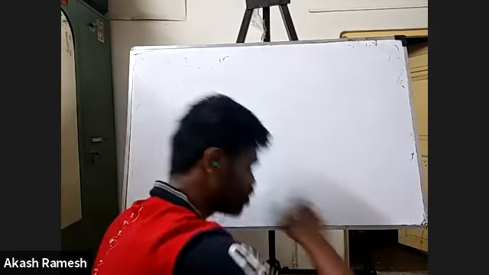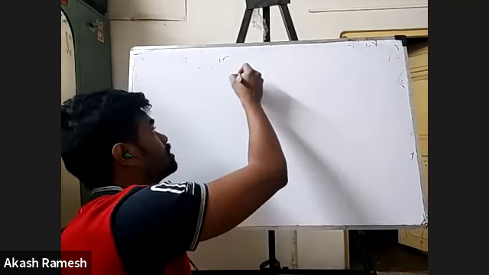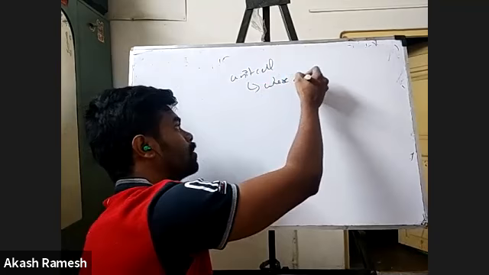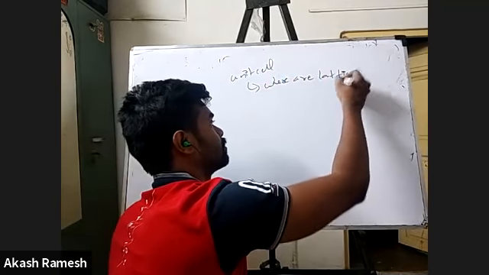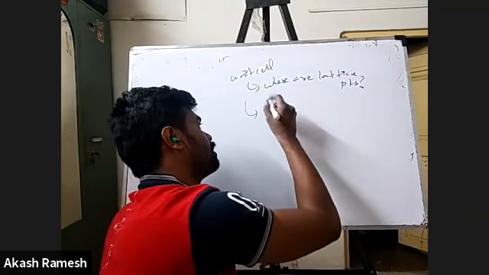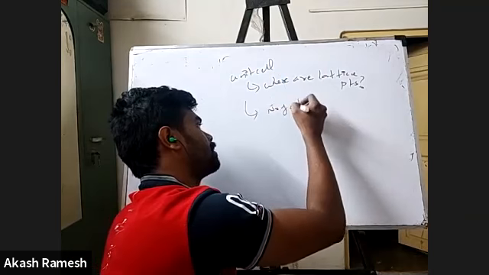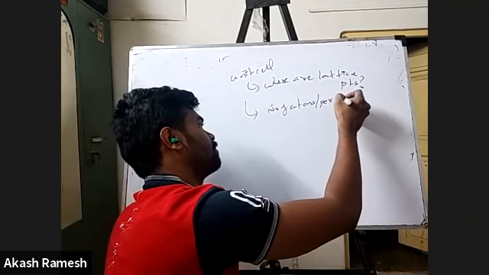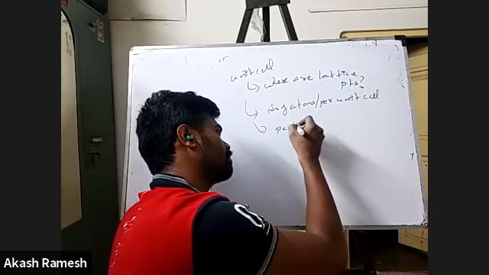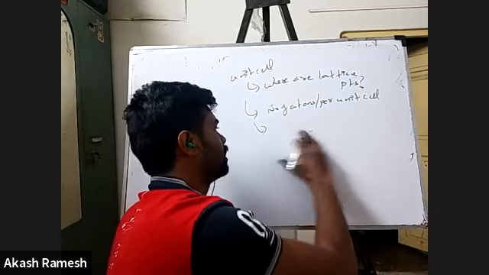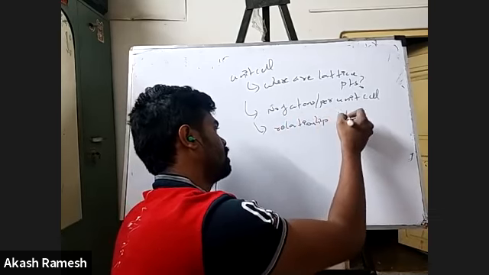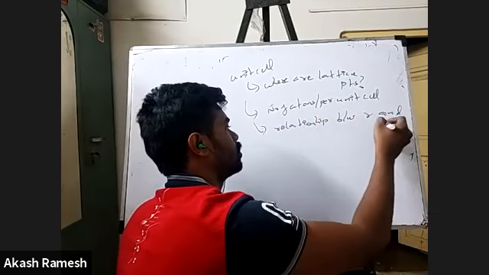What you all need to know is what I'm telling. For any unit cell, first, you need to know where the lattice points are. Second thing is the number of atoms per unit cell. And then, if you can remember, the relationship between R and A. You know what R and A are?